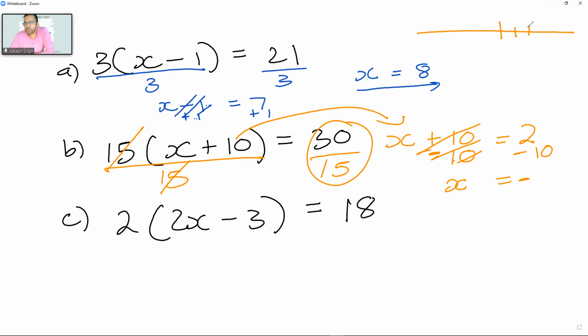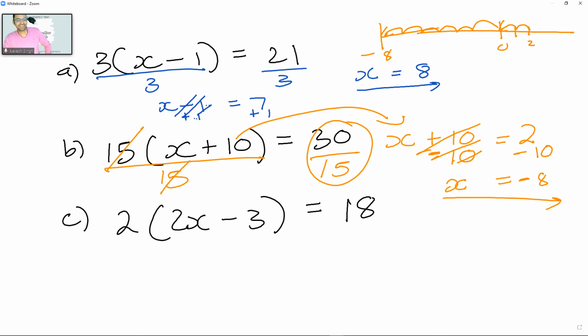If you start at 2 and you minus 10, you're going to go 2 to get to 0, and another 8 is going to get you negative 8. Can you see that? So that's going to be negative 8. Okay, try C now.